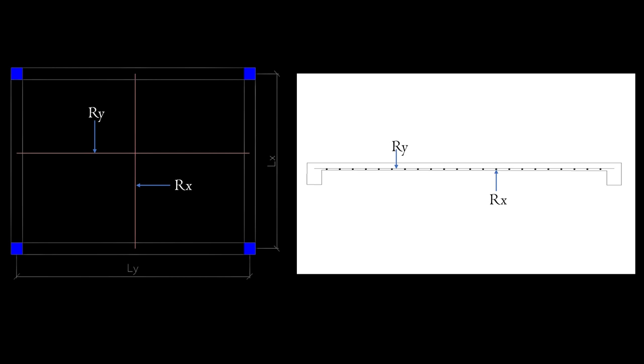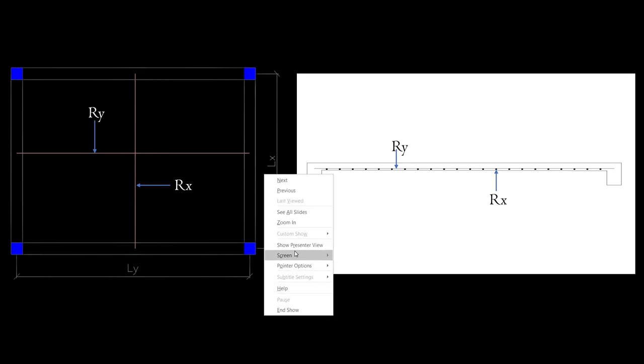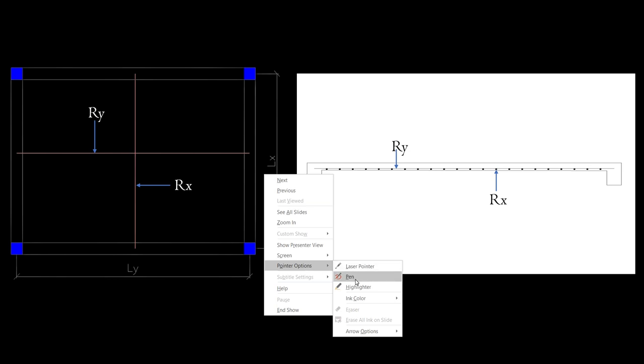To detail the bottom reinforcement, which is in this case RX and RY, we said they are going to be positioned at the bottom of the slab. So RX is going to be parallel to the short span, as you can see in the diagram. RY is also going to be parallel to the longer span.